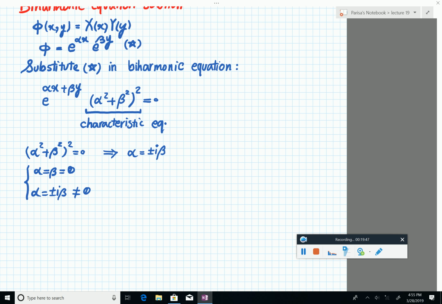In the first case, what is the order of multiplicity of the roots? 4. 4, right? In the second case, 2. Exactly. So we have multiplicity.